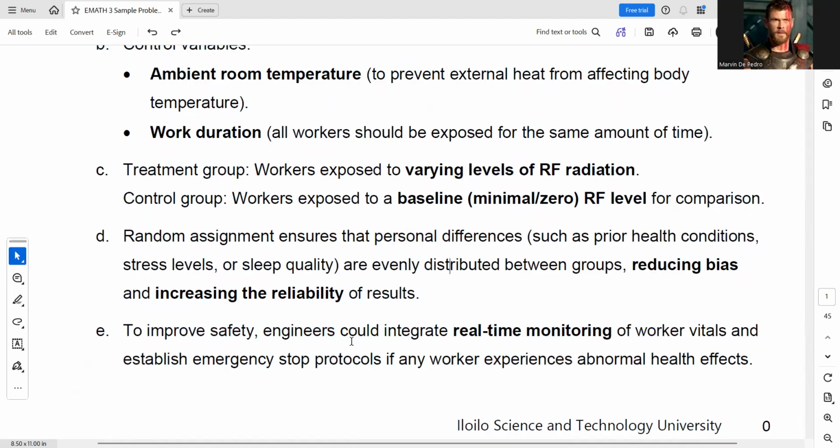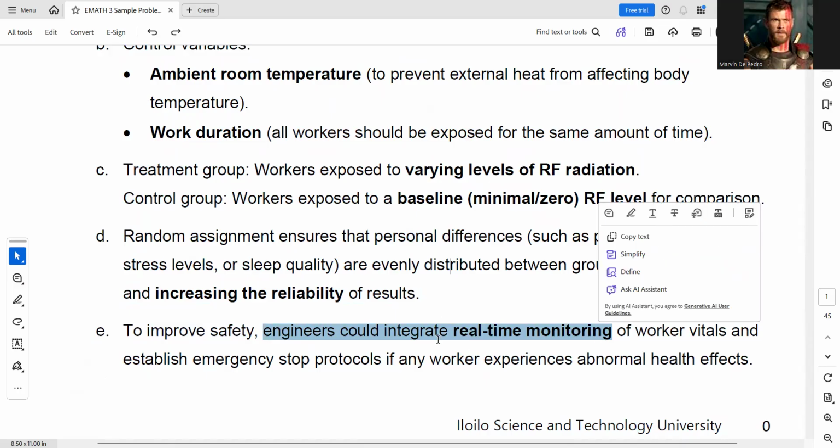So, within the context of ECE, one thing that we can do is to make use of some wearable sensor device that can detect the heart condition, the BP, and other vital signs.